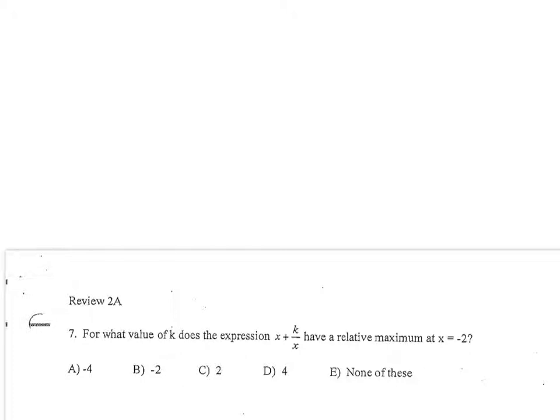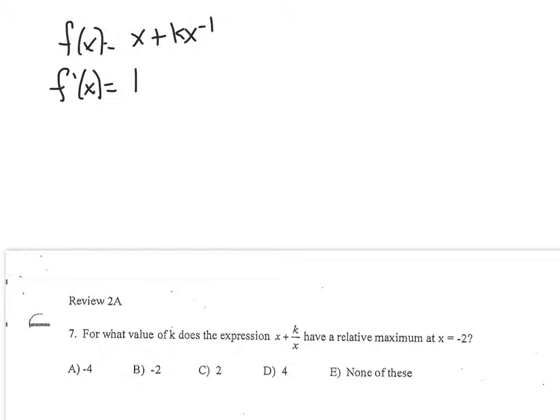And so the idea would be, as I see it, you would see f of x equal to x plus k x to the negative 1 power is our function. We want to take the first derivative of that function.